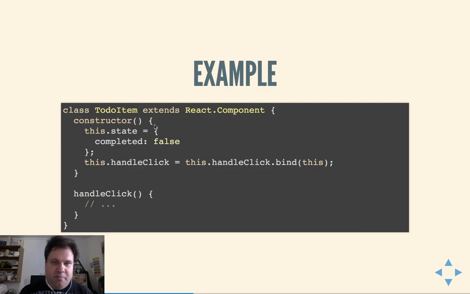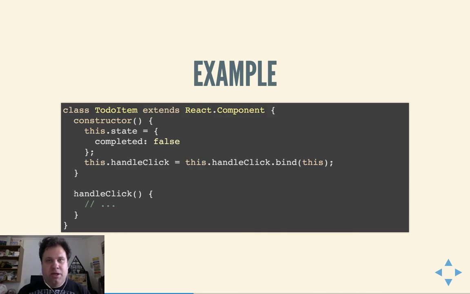This is a component for a to-do item, and here is its constructor. First of all, we're setting the internal state of the component to have the completed flag set to false. Notice that we have this handleClick internal method that's probably a handler that's going to be called in the onClick event of some HTML element.